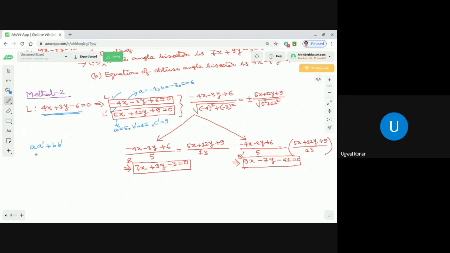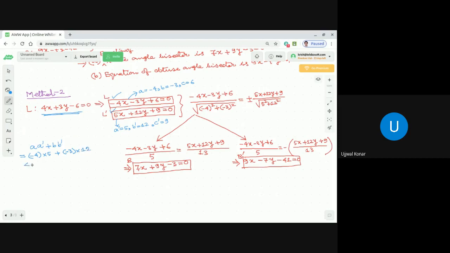Now, if we find the value of A A dash plus B B dash, what are we going to get? Minus 4 into 5, A into A dash, plus B, which is minus 3, into B dash, that is 12.